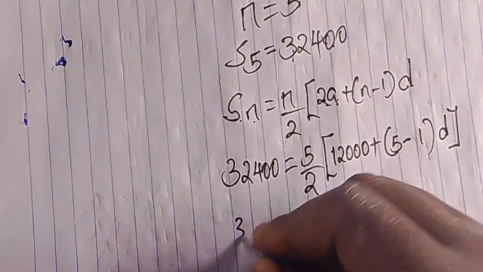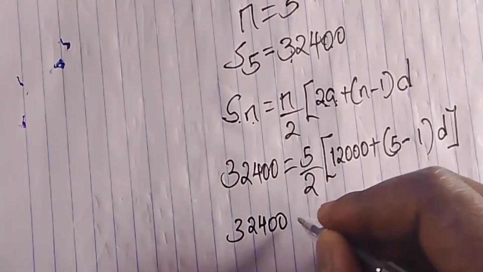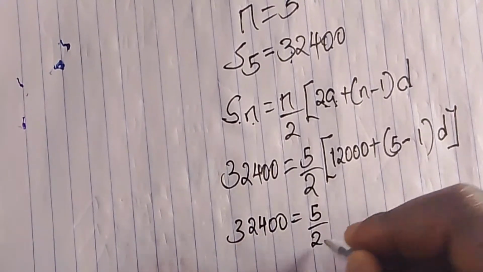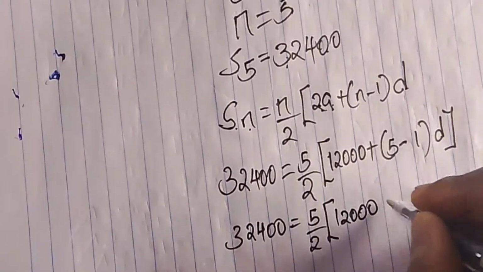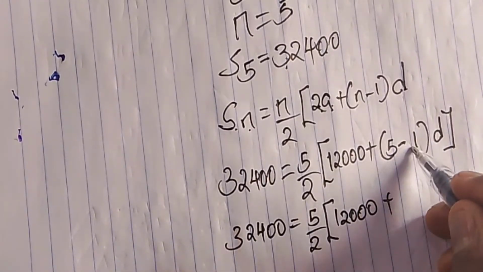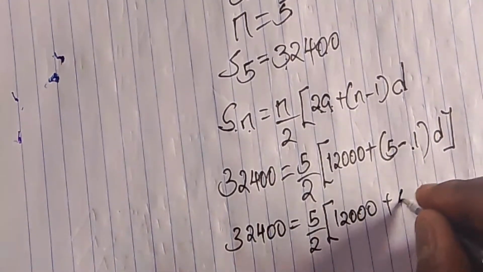So 32,400 is equals to 5 over 2 into bracket 12,000 plus 5 minus 1 is 4, 4 times D is 4D.